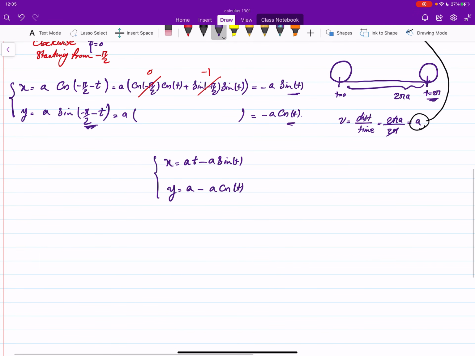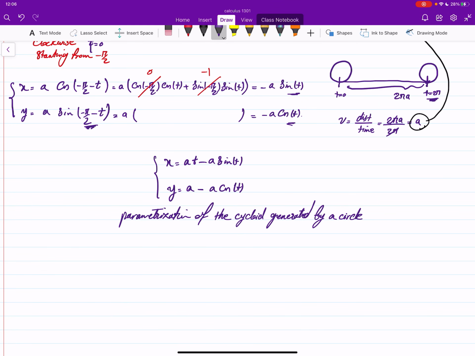And that is the parametrization of the cycloid generated by a circle of radius a.